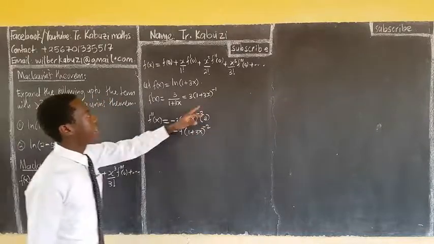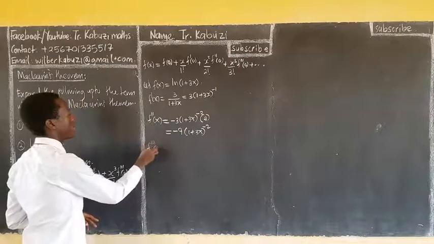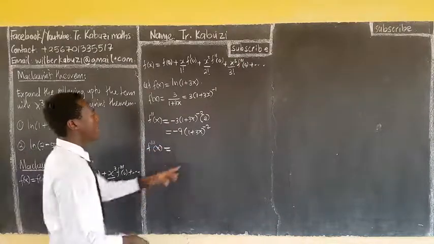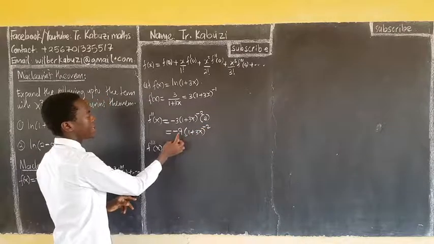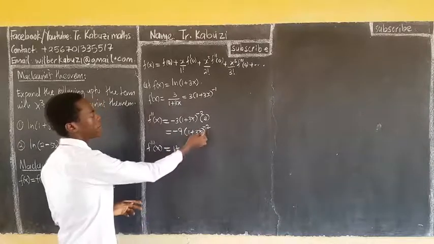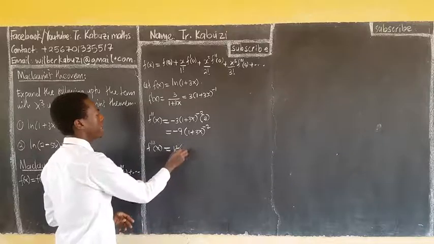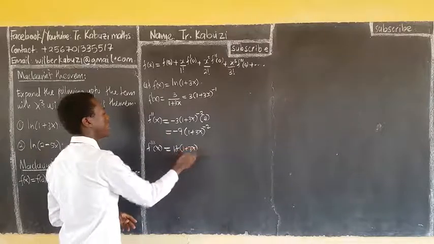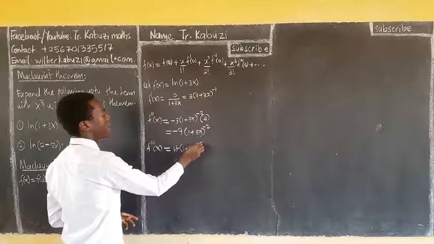Now I need the third derivative. Its third derivative, f triple prime of x, will be, when I lower this power, this times this, which will give me 18 because negative and negative. Then you maintain the bracket, reduce the power by 1, and I'll be having negative 3.